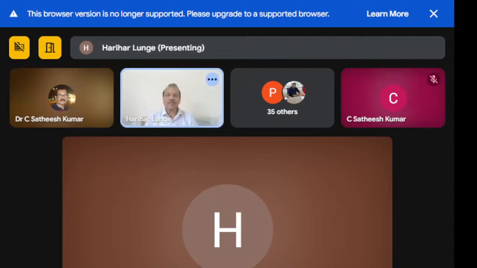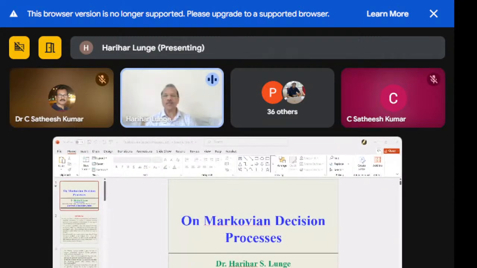This Markovian decision process involves optimization with stochastic transition probabilities. The solution of this stochastic decision problem, which is described by a finite number of states, can be obtained through dynamic programming. The transition probabilities between the states are described by the Markov chain.